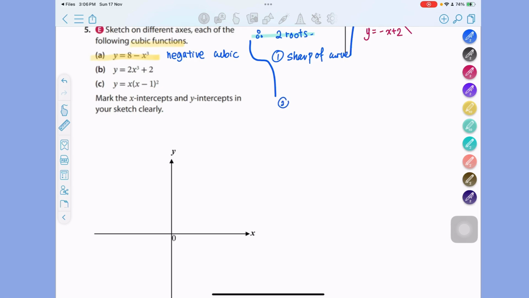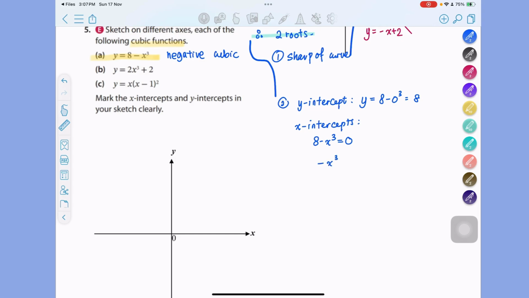The second step is I need to find out the y-intercept before I sketch. To find my y-intercept, I let x become 0. So 8 minus 0 cubed, I get 8. Second, I need to find my x-intercept. To find my x-intercept, I let y become 0 and solve for x.